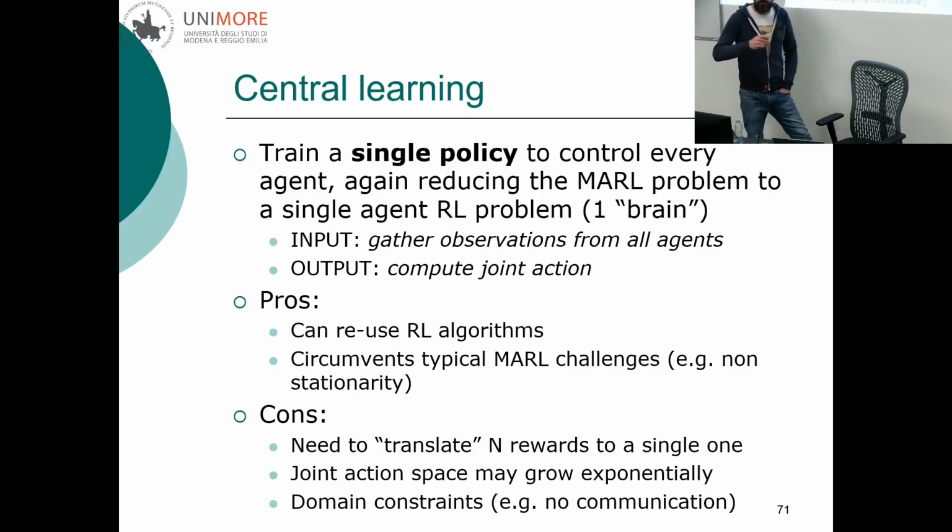So you have 4 actions to the power of 10 agents combinations. In the independent learning setting, you don't have this problem. Each agent is on its own. Each agent only has 4 admissible actions.